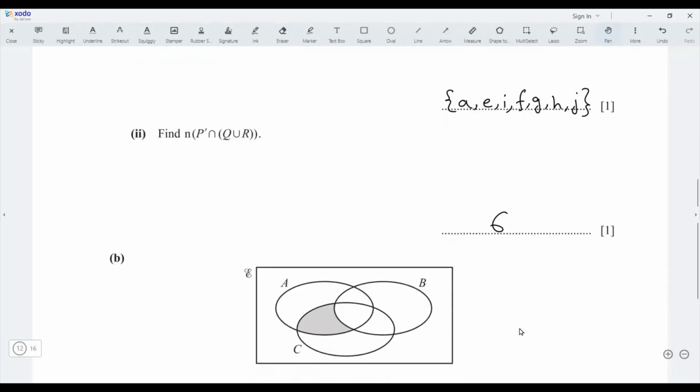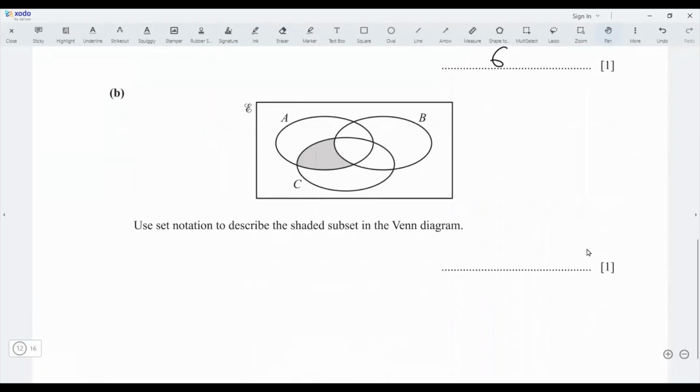So moving towards question 19 part B. The shaded part is given. You have to write down the answer in terms of set notation. So how to write it in set notation? Look clearly at this diagram. Which set is not completely present in the shaded region? We can see B is not completely present. We can write down B complement as it is.